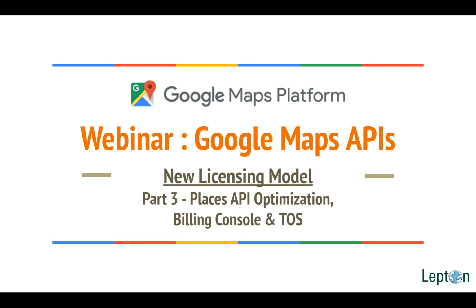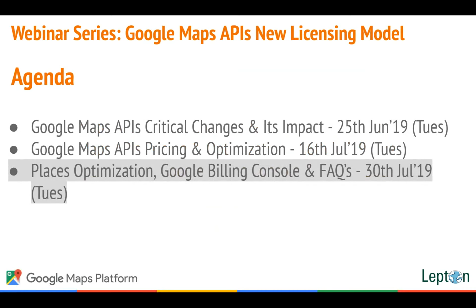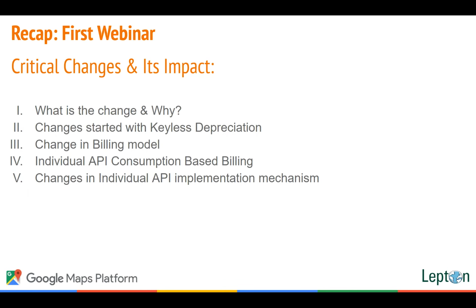Before we go ahead, we will give you a quick recap in terms of what we have covered in the previous webinar. So here we can see the agenda of this series. In the first webinar, we talked about what are the changes that are happening in this new model, how Google Maps actually started with keyless depreciation, how keyless usage is no longer valid.